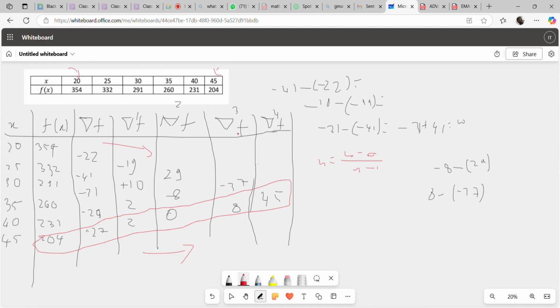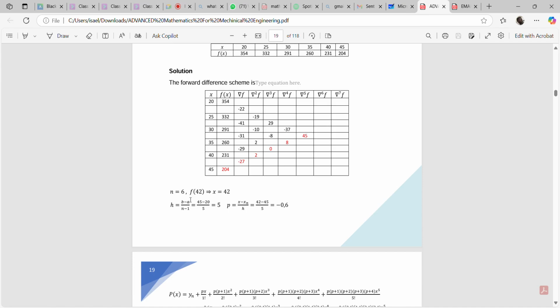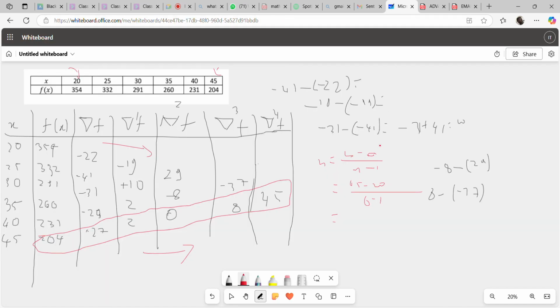A is the first one on the X. So you have 45 minus 20. What is N? You just count your rows: 1, 2, 3, 4, 5, 6. So N minus 1 is 6 minus 1. If you do this calculation, you get your H. The formula remains the same, and that's why H here is 5.